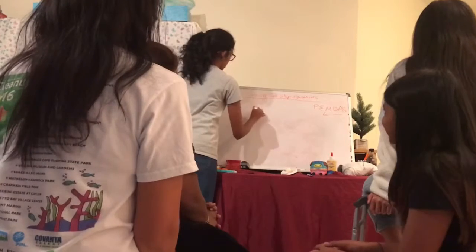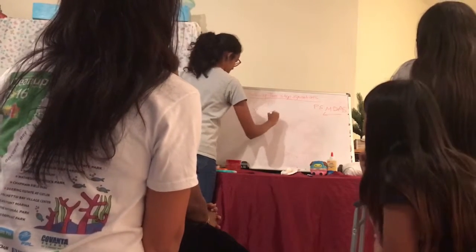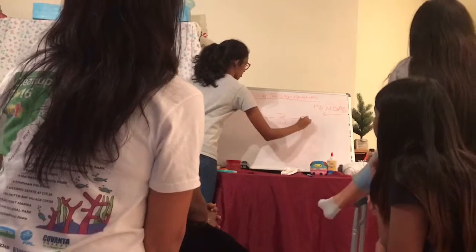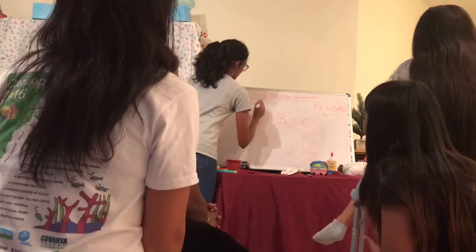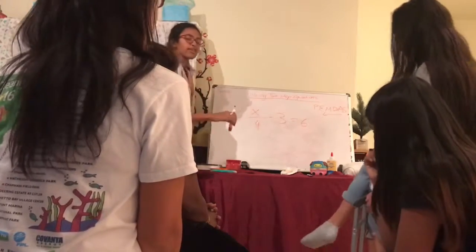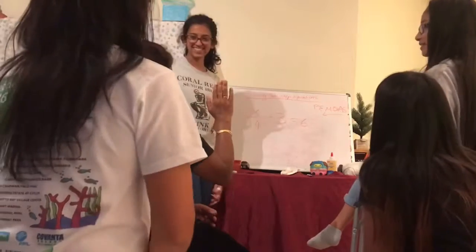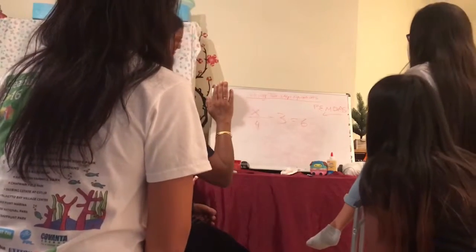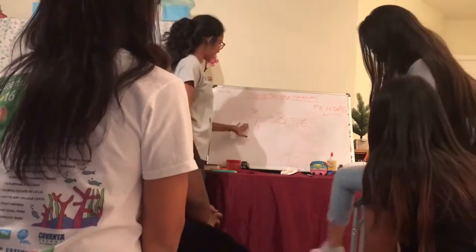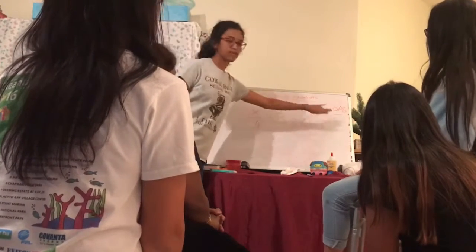Our next example is x over 4 minus 3 is equal to 6. So what two operations can we see in this example? Yes? Division and subtraction. That's right. So since you have division and subtraction here, what should we do first since we're going opposite PEMDAS?